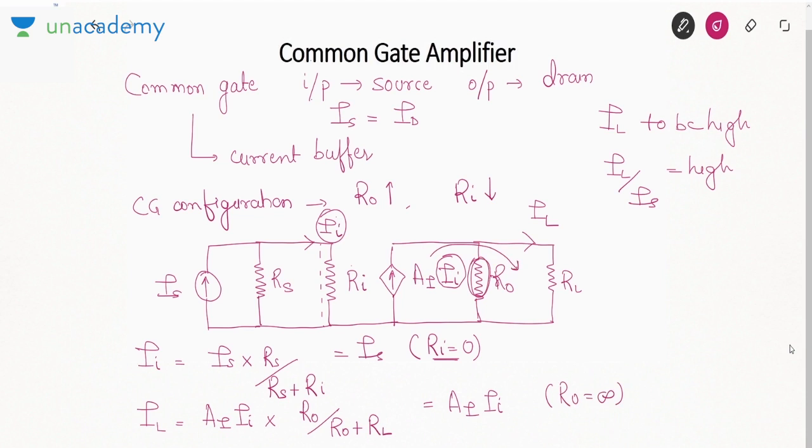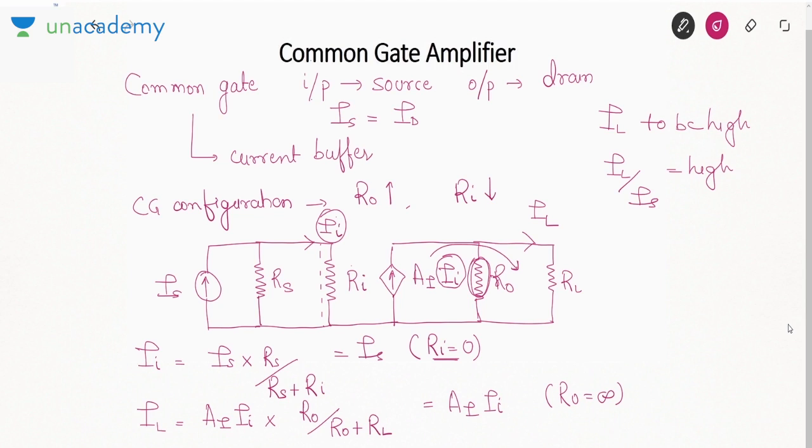So for an ideal current amplifier, the input resistance must be 0 and the output resistance should be infinite. That is why it is always desirable in a current amplifier that input resistance should be as low as possible and output resistance should be as high as possible. These are the desirable characteristics of a current amplifier.